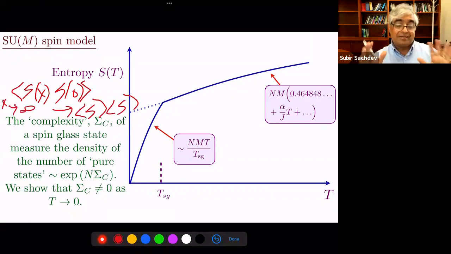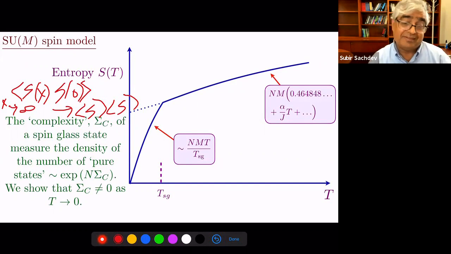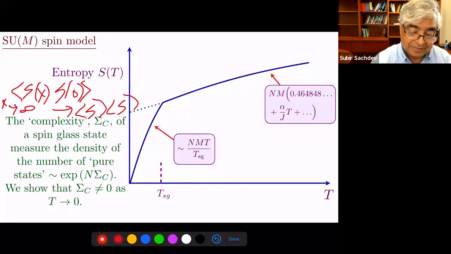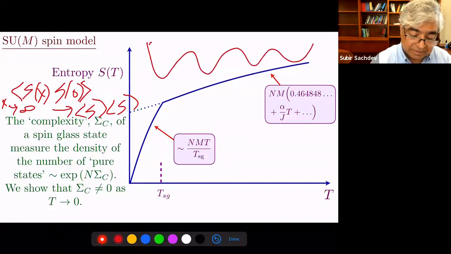Okay, so that's in a finite dimensional system. An infinite dimensional system is a little more subtle to define what a pure state is, and that is in fact part of what Parisi and others did. But anyway, assuming the existence of these pure states, in more physical terms, at least in my understanding, it means that you have some potential, and in the spin glass state, these barriers effectively become infinite.